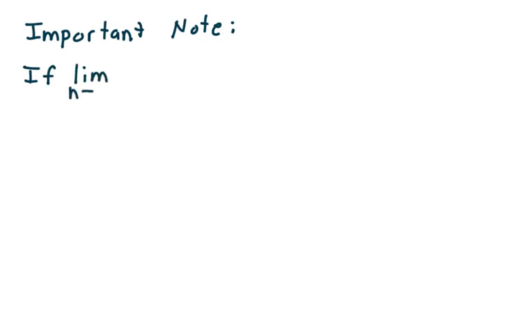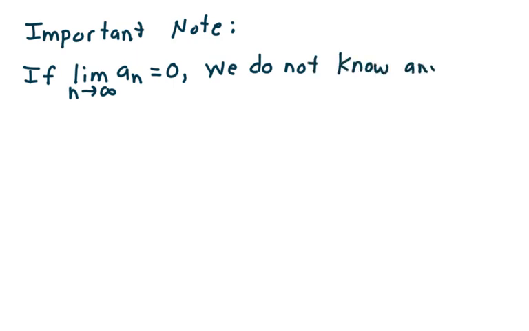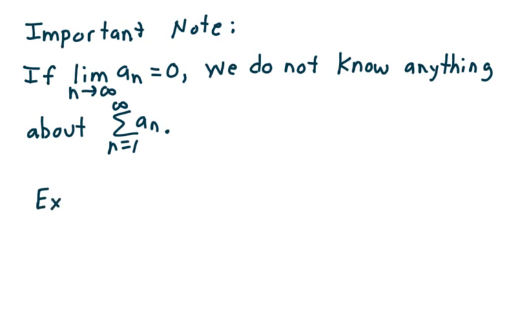If the limit as n goes to infinity of a sub n equals 0, we do not know anything about the summation from n equal 1 to infinity of a sub n. It can converge or it can diverge. And I want to give you an example here.